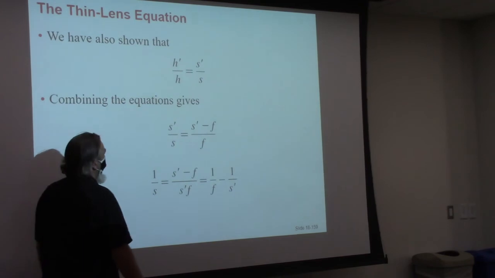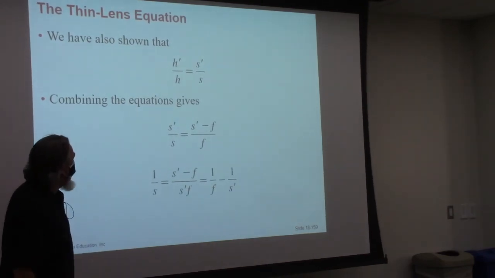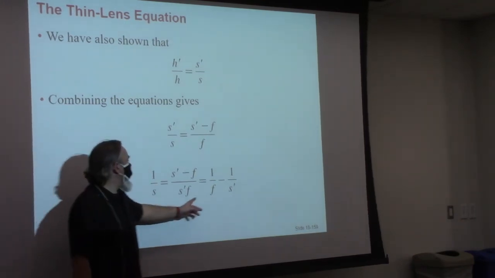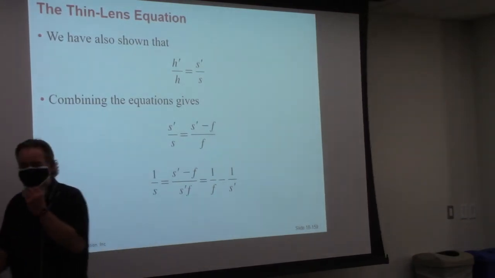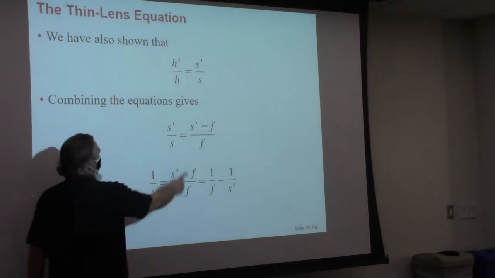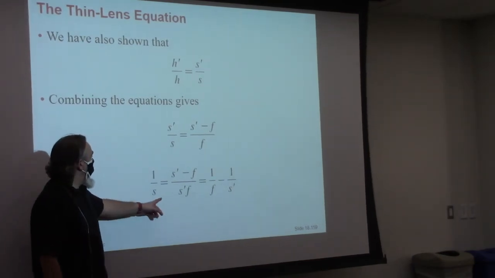You literally just go through and divide the whole thing by s prime, it looks like, and you get 1 over s is equal to 1 over f minus 1 over s prime. So all the details aren't there, but that's the idea. Just by doing a little bit of algebra, you come up with this equation.